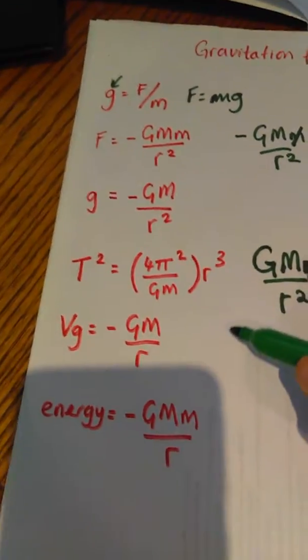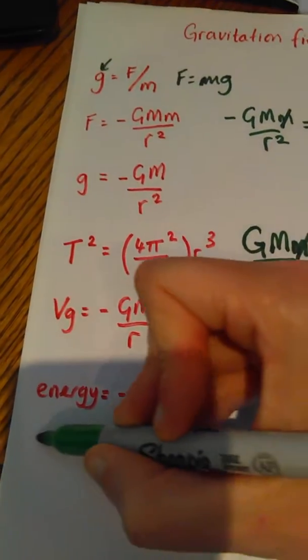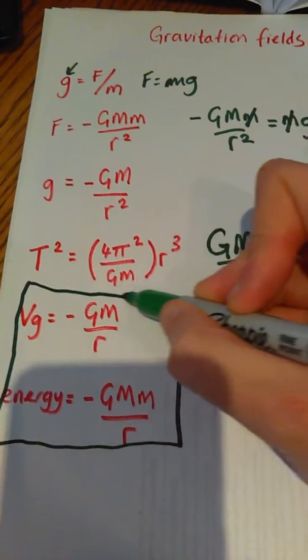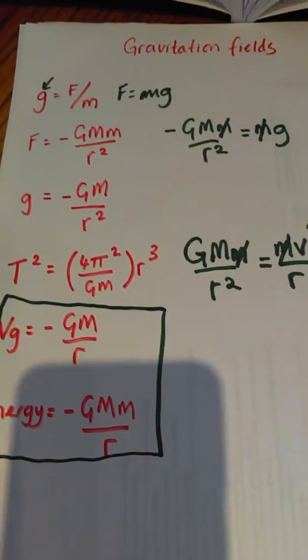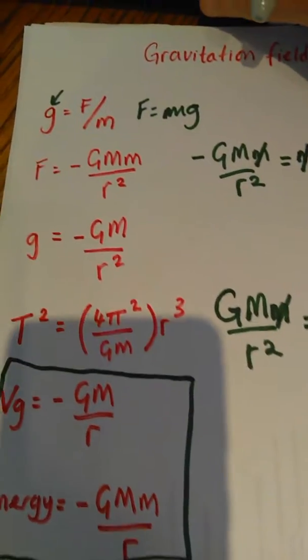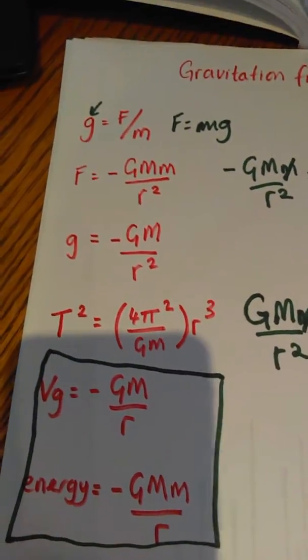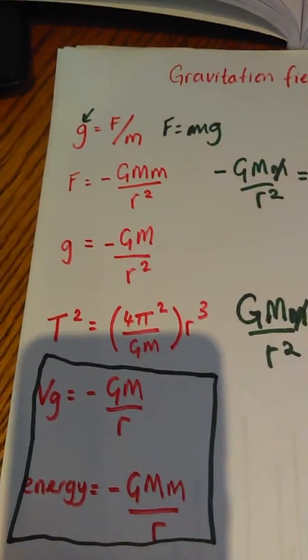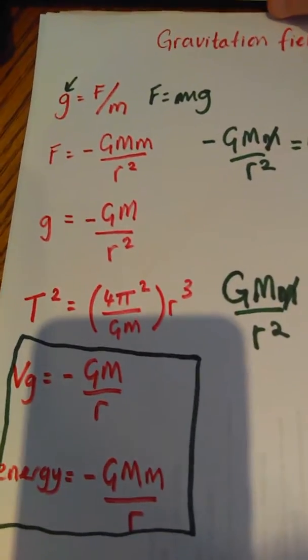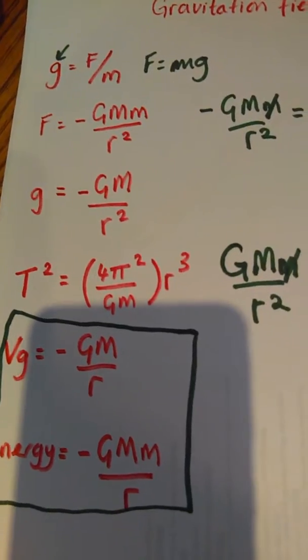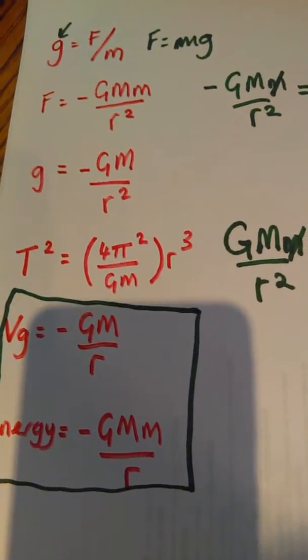We went through these couple in the revision session, but just to remind you, you need to know your definition for gravitational potential. Gravitational potential is the work done to move a unit mass from infinity.